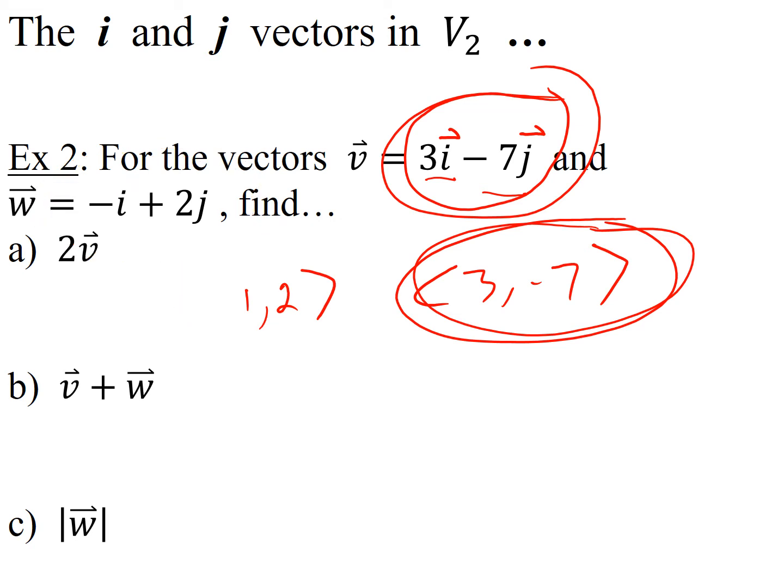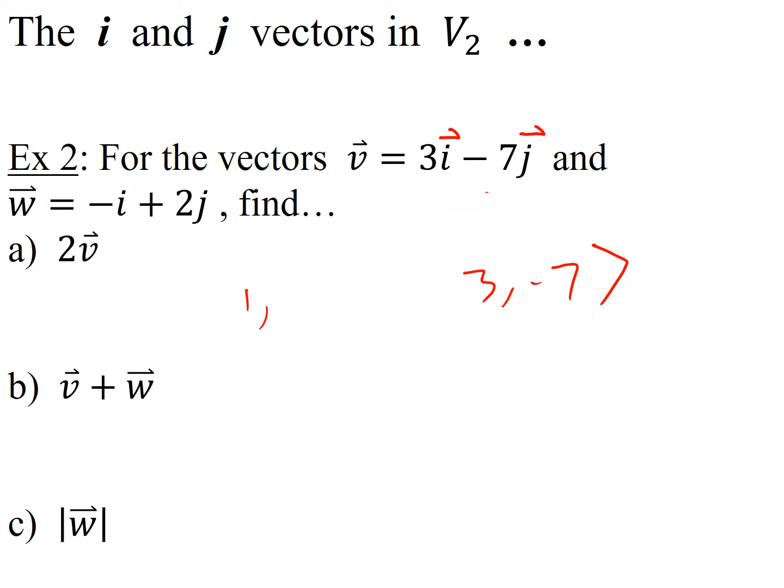Okay. Oh, I erased the arrows. Well, anyway, so now that we have these vectors written down in a different way, I'm just asking you to do some addition, subtraction, scalar multiplication, that kind of thing. Here to find 2v, okay, we're doing 2 times the vector 3i minus 7j. And now the thing is, we know how to do it in component form.